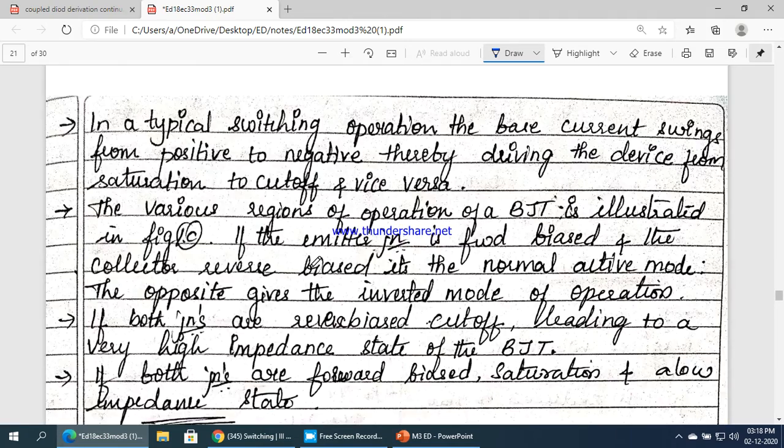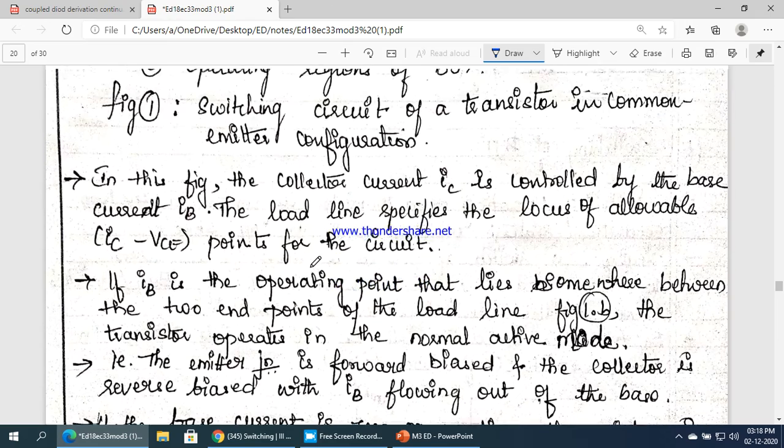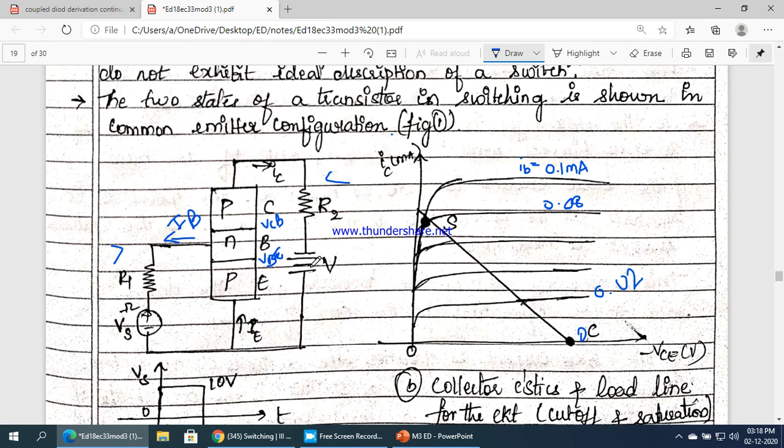See here, when this junction is at zero potential and this junction is at forward potential, whatever the applied input voltage is, a small voltage drop is going to take place across the device.